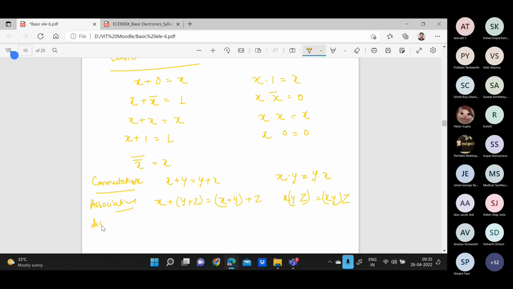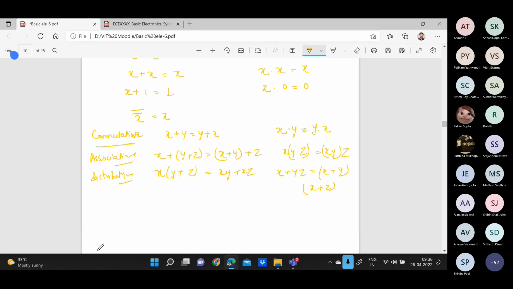Now we have the distributive also. The distributive property says X times Y plus Z is equal to XY plus XZ. That we already saw. I'm just making one table, so it will be easier to understand. X plus YZ will be equal to X plus Y and X plus Z. We already wrote these things.